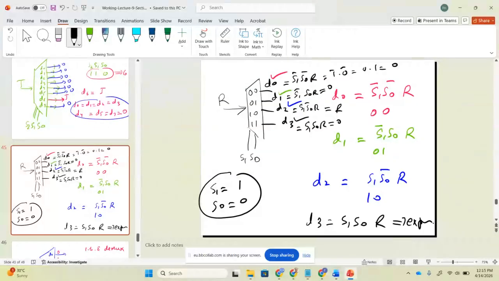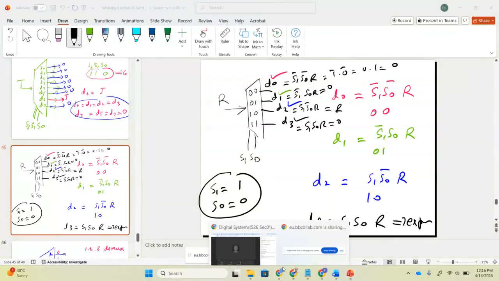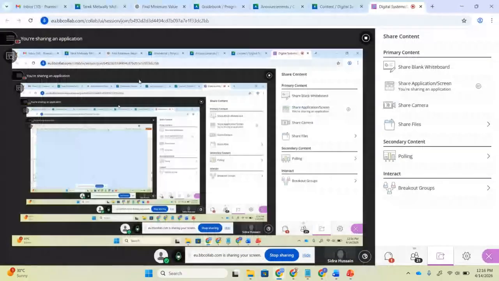This is the expression, and this is the input combination. Yeah. If I change the combination, if S1 is 1 and S0 is 1, then D3 will be equal to R and all of the others will be 0. I hope I answered your question. Yes, Professor. Thank you.